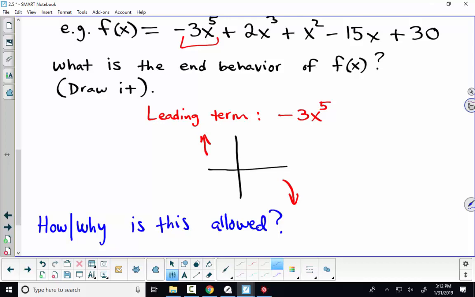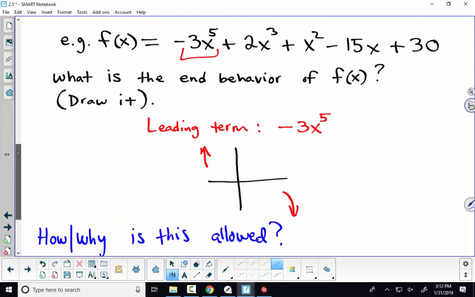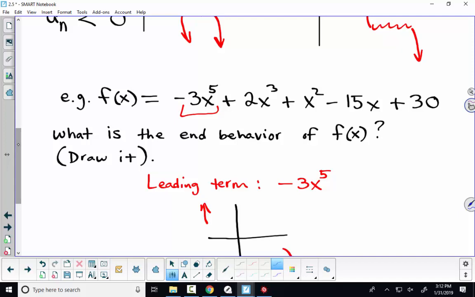Right, exactly right. So the leading term is the most pronounced value in the sense that end behavior means x is going where? To infinity or negative infinity, right? So as x gets super large, like if I'm talking about 1 billion to the 5th power and then I'm adding 1 billion to the 3rd power, what is that?